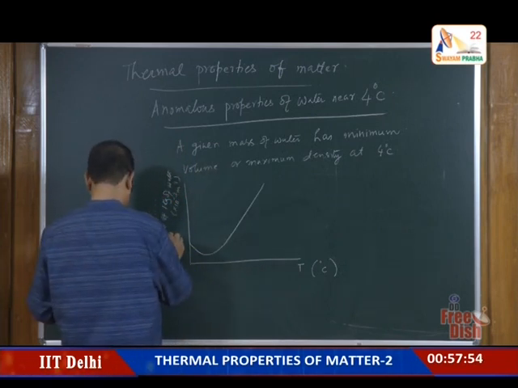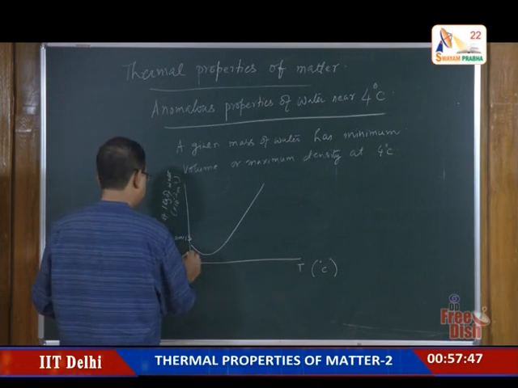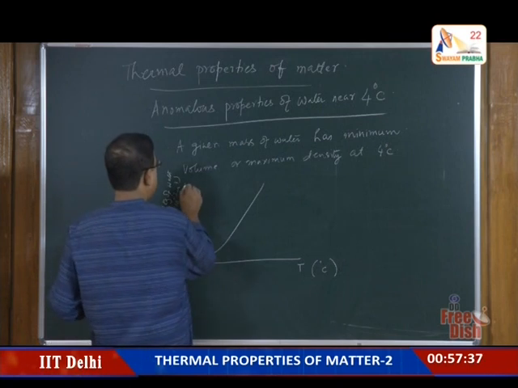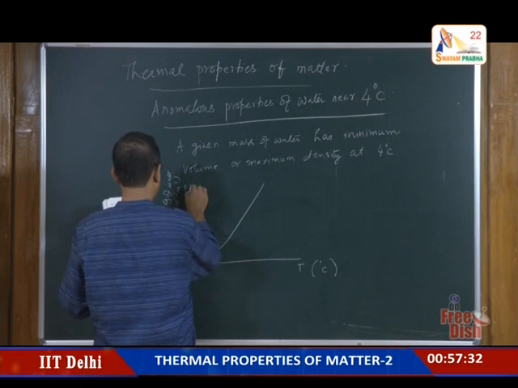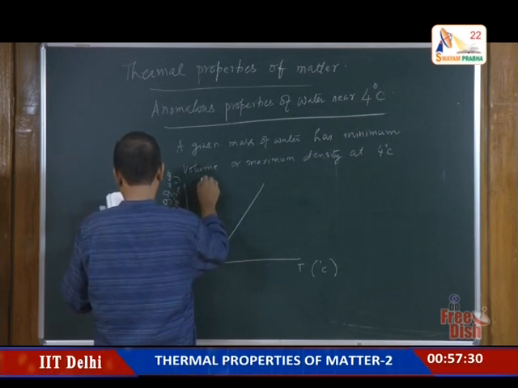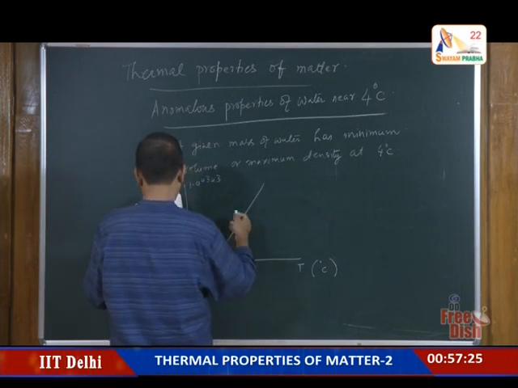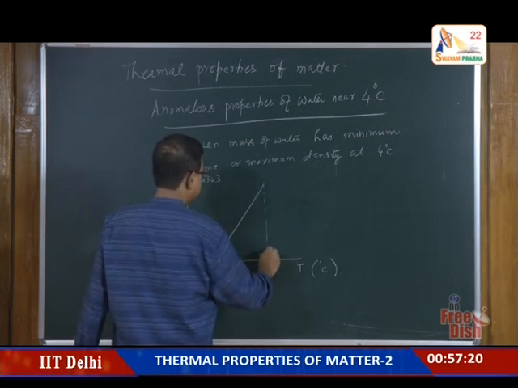So it decreases from 1.00013 to a value which is exactly 1, and rises to about 1.04343, close to 100 degree centigrade.